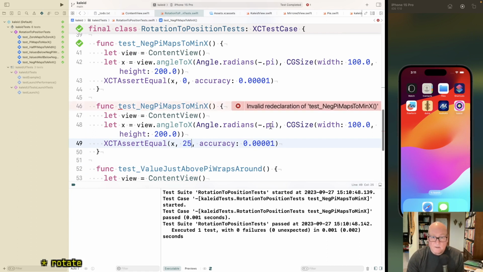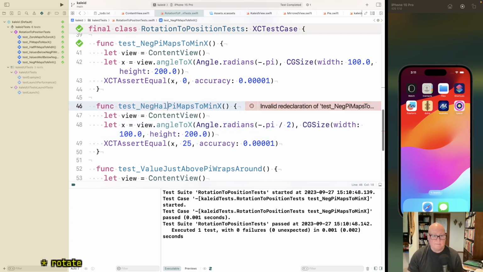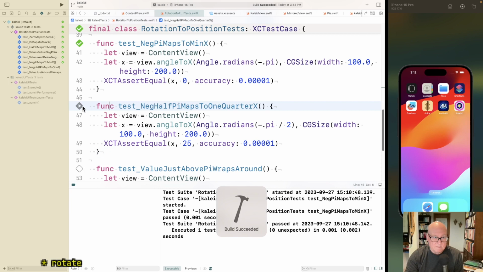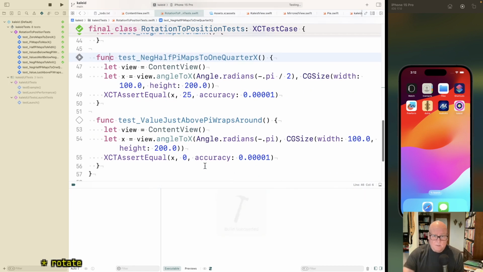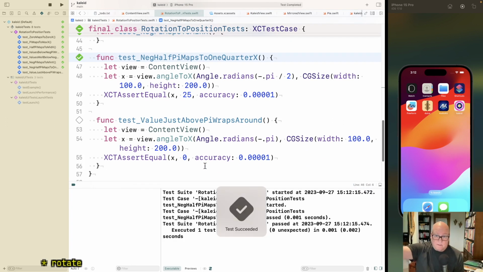And so if I do angle radians minus pi divided by 2, negative half pi maps to 1/4 x. Okay. We'll test this one that I hope works already. I think should work already. So we'll cover going around this way, 0 halfway there, going around this way, 0 halfway there.